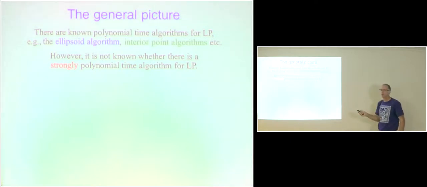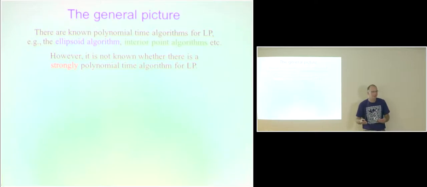What we were doing can be viewed as an approach to get a strongly polynomial time algorithm, because all the basic operations we did were strongly polynomial. Everything was solving a system of linear equations or eliminating one variable, so the number of arithmetic operations in each iteration was clearly polynomial. If we can get a polynomial bound on the number of steps, we would get a strongly polynomial time algorithm. That would be an amazing result.